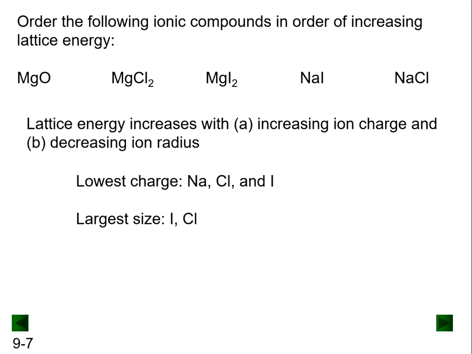So that leads us to know the lower end of this scale, which is sodium iodide. Next is sodium chloride. And after that, we pick up the higher charged species, the magnesium iodide, followed by magnesium chloride. And the highest lattice energy then corresponds to the magnesium oxide, the two smallest ions that also have the highest charge.